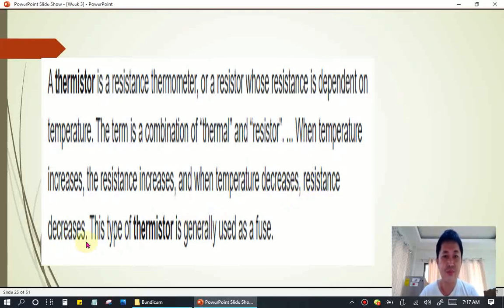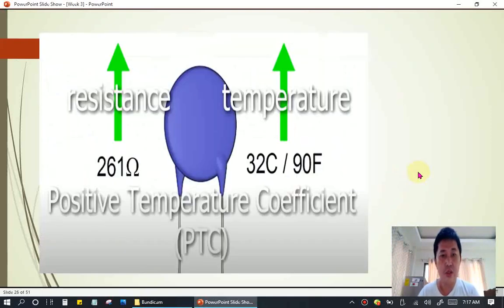So here, resistance and temperature. As you can see here, we have a positive temperature coefficient, PTC. When the resistance increases, the arrow goes up, so it increases.